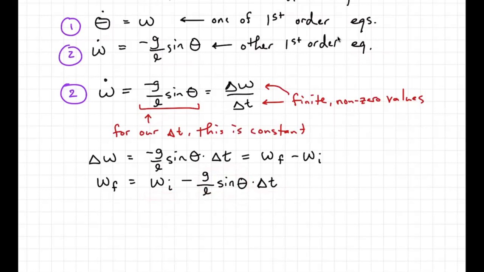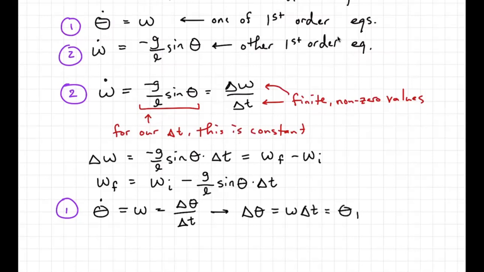Similarly, looking back at our equation 1 here, we can apply similar logic. It's a little bit less complicated here, but basically the same idea, where theta dot equals omega, and that's equal to delta theta over delta t. So by the same process, delta theta equals omega delta t.